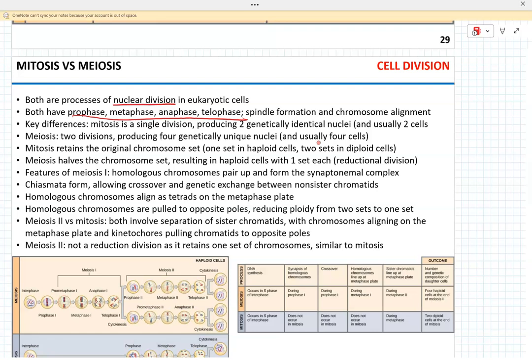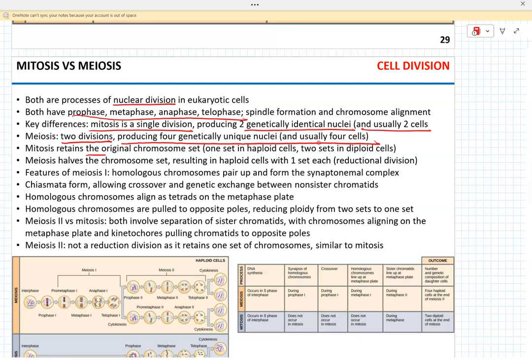But the difference is that mitosis is a single division, which produces 2 genetically identical nuclei, and usually 2 cells. Meiosis has 2 divisions, producing 4 nuclei that are genetically unique and are inside usually 4 cells.